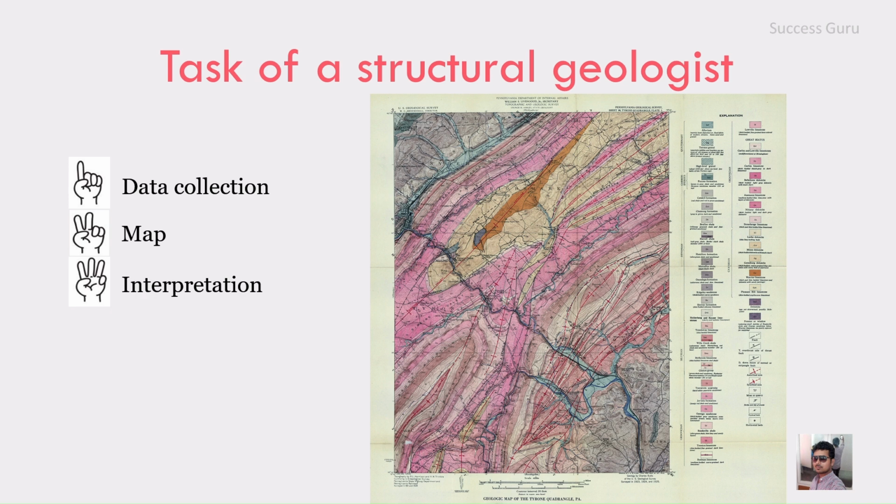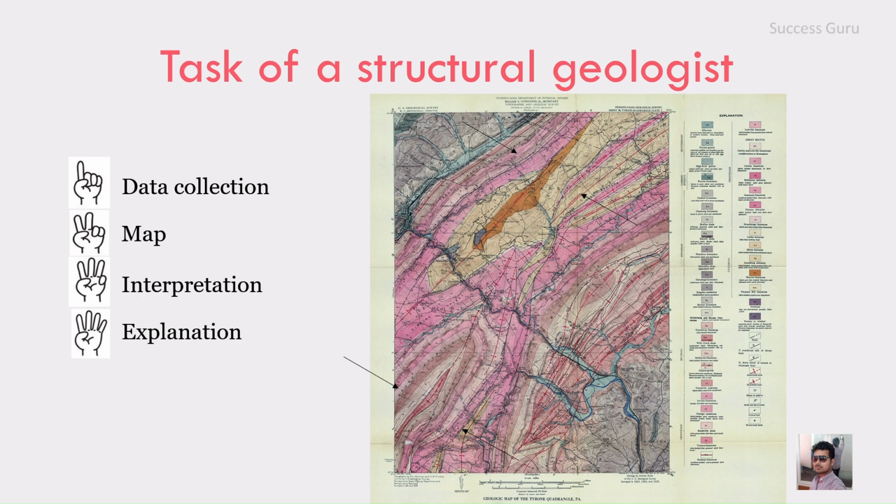But when you are preparing the map, and after seeing a bird's eye view of the region, you can get a more detailed idea about those structures. Not only that, after interpreting, he can explain the forces that actually cause the formation of those structures in this region, and the tectonic stress or direction of tectonic force that actually acts in this region.